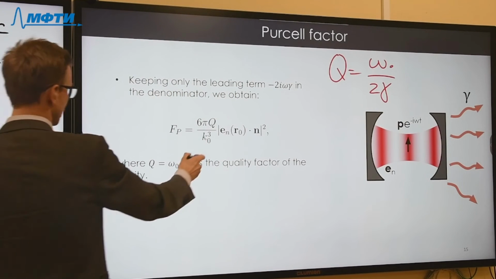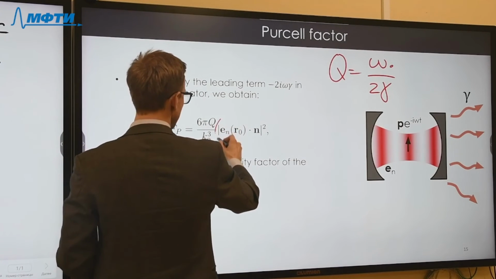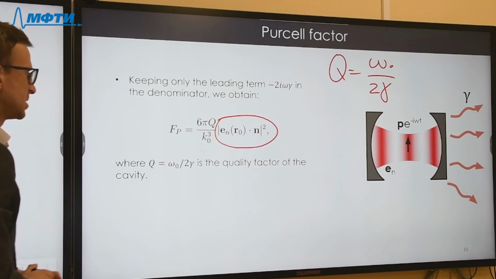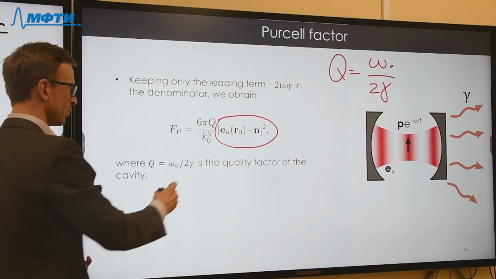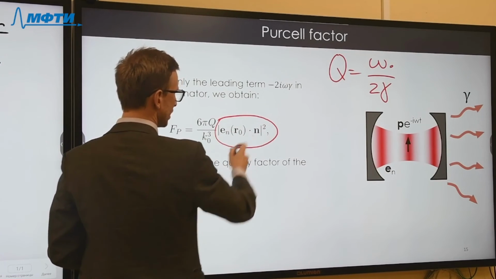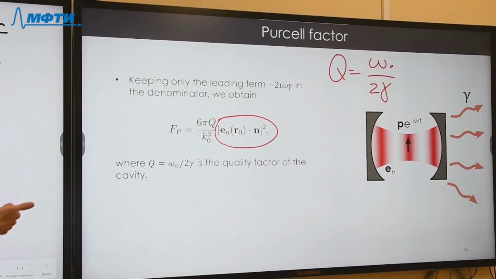Then we have the wave number or wavelength, whichever you like, and we also have this combination, which we already had before in some of our equations today. This is the projection of the local electric field of the mode onto the unit vector that describes the dipole polarization.